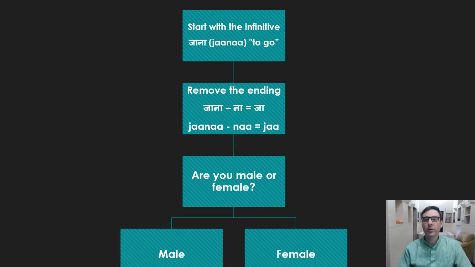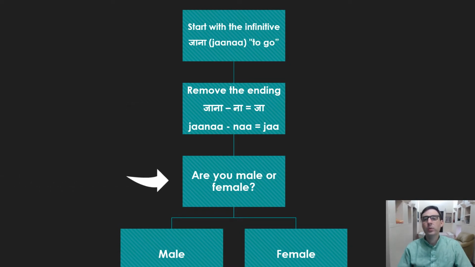The first thing that we want to do is start with the infinitive verb, the na form, so that's to go, jaana. Second, we want to remove the ending, so jaana minus na gives us ja. Ja is our verb root, the root of the verb to go.